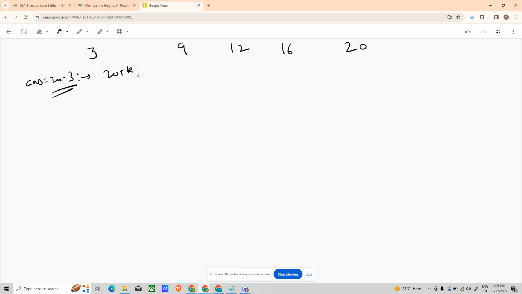Suppose we added k to 20 and we added k to the 3. We have got 17 in our hands. All right.